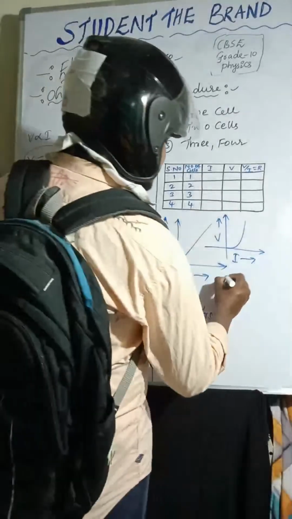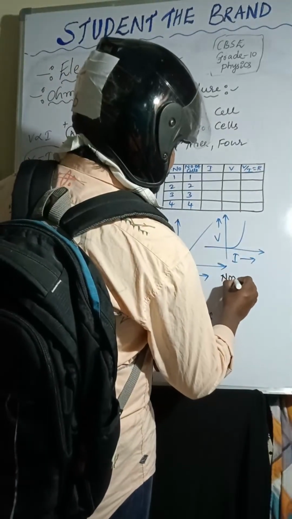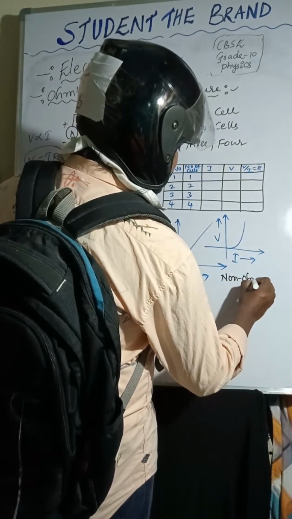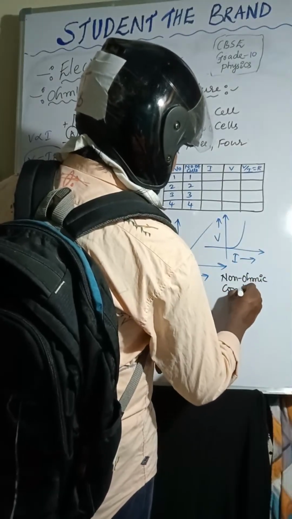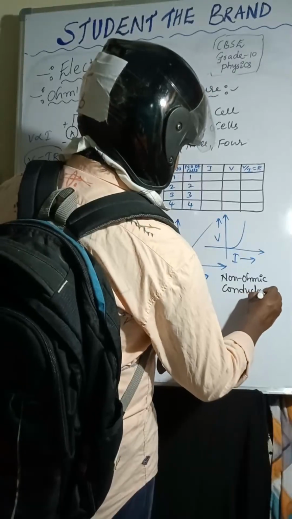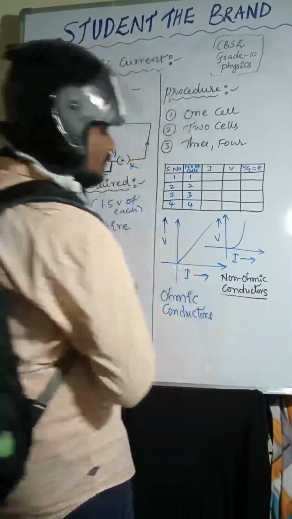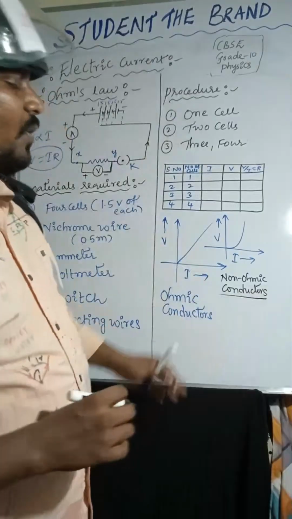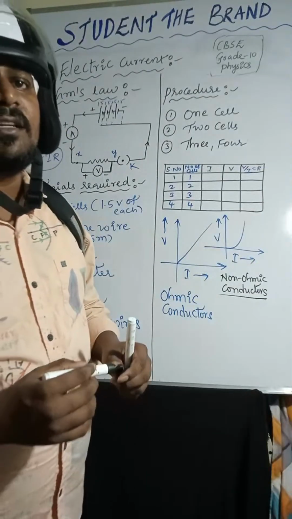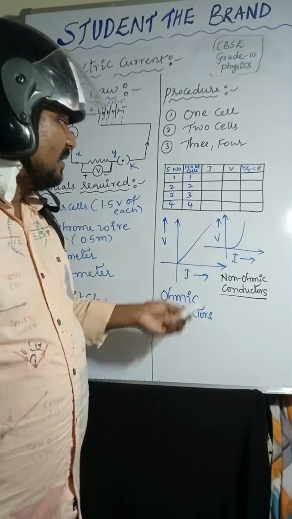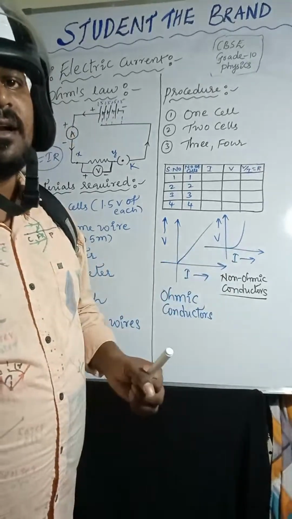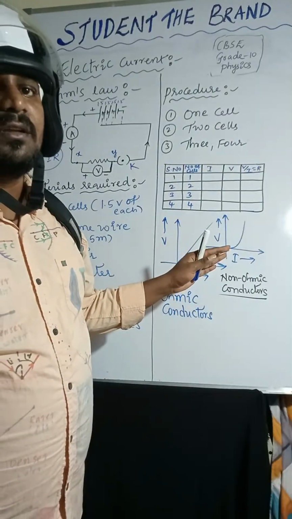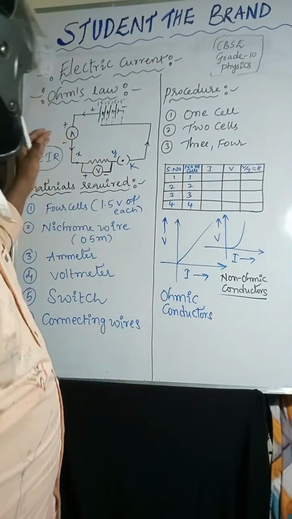An ohmic conductor is one which obeys Ohm's law. The conductor which does not obey Ohm's law is called a non-ohmic conductor. I hope it is very clear. So this is about Ohm's law.